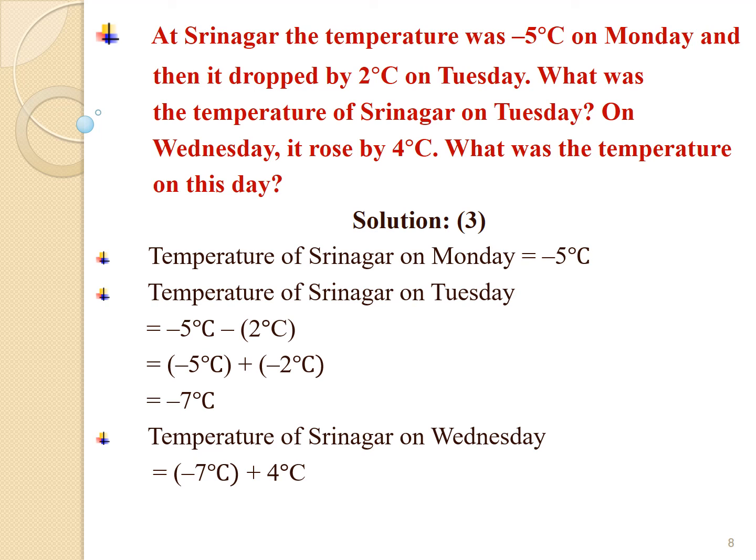Now, subtracting 4 from 7 as a whole number, we get 3 and placing minus sign before 3, we get -3. Thus, the temperature of Srinagar on Wednesday is -3 degrees Celsius.